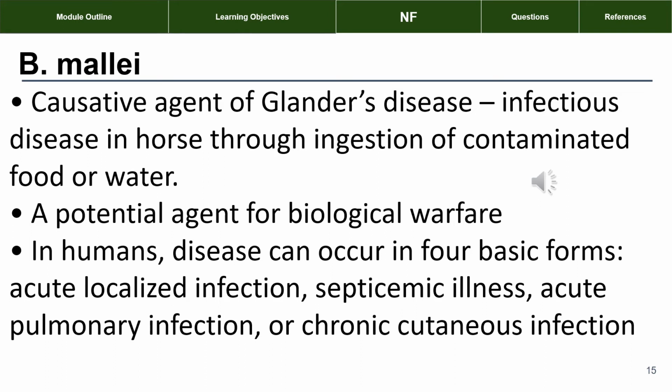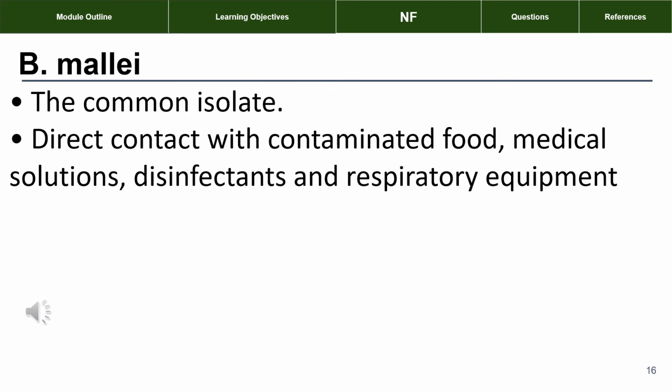In humans, the disease can occur in four basic forms. You have your acute localized infection, septicemic illness, your acute pulmonary infection, or your chronic cutaneous infection. Burkholderia mallei is the common isolate. So a direct contact with contaminated food or medical solutions or disinfectants and respiratory equipment is the mode of transmission.